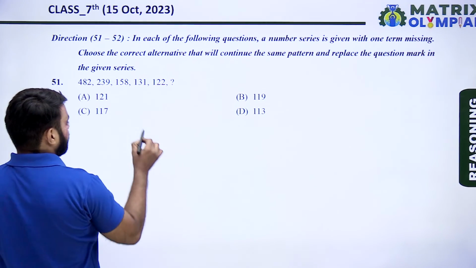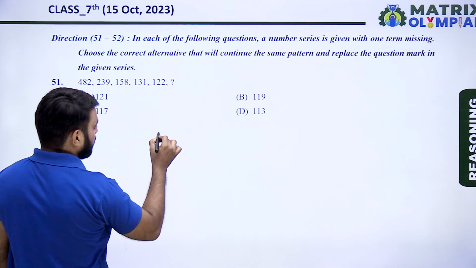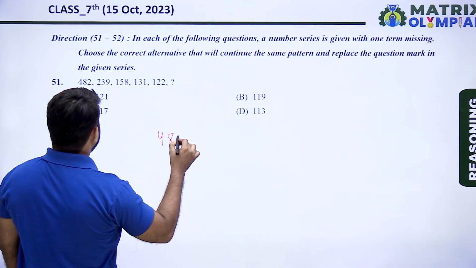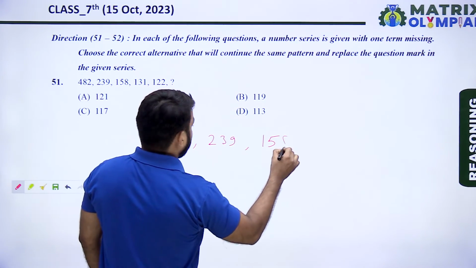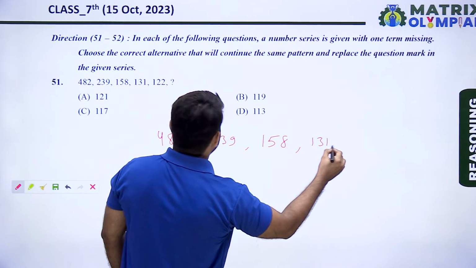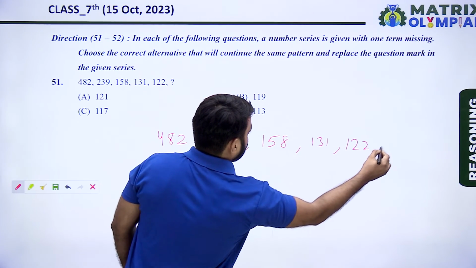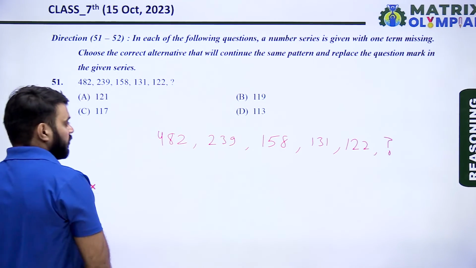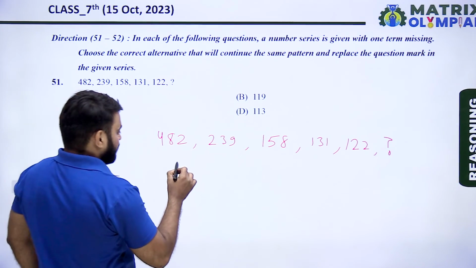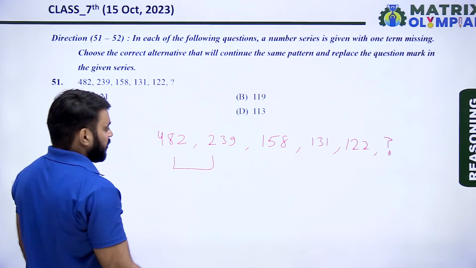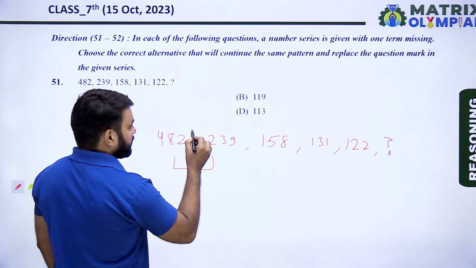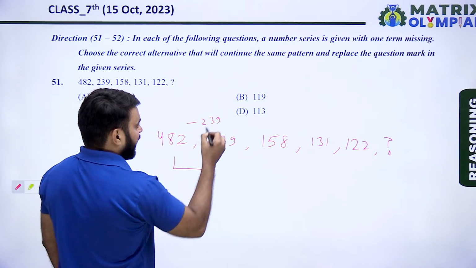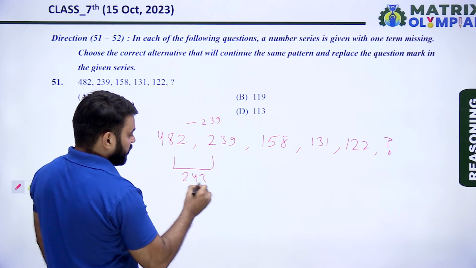So first, find the pattern of this series. So series is 482, 239, 158, 131, 122, and find the next number. So pattern of the question is 482 minus 239. It means 243.